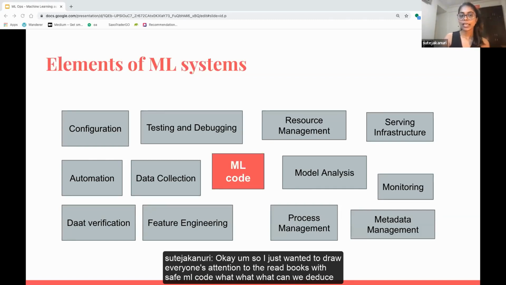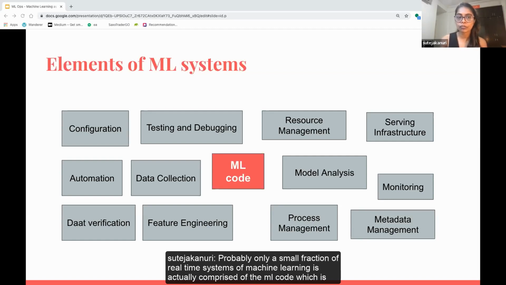So I just want to draw everyone's attention to the red box which says ML code. What can we deduce from this entire diagram? Probably only a small fraction of real-time machine learning systems is actually comprised of the ML code, which is shown in the box in the middle.